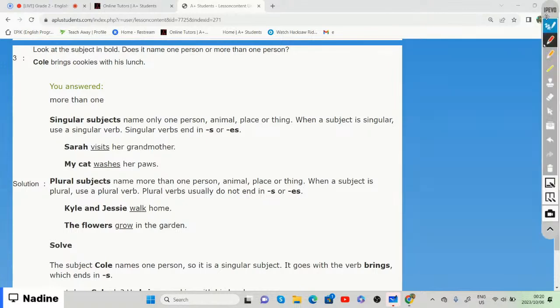So Cole is only one person, so we're going to say one person. So it's a singular subject because it only refers to one person, which is Cole. Cole brings cookies with his lunch.